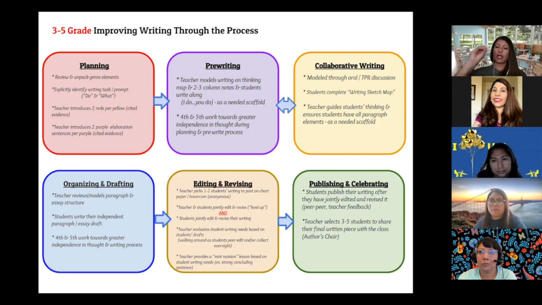So we're verbalizing what types of sentences we could put, but again, we're not writing just yet, and we're acting out our sentences. And that's going to be right here when we get to this TPR discussion piece. We're also going to be talking about a writing sketch map, and again, to help the students organize their writing and their thinking. And then once we get into the organizing and drafting, we're going to take all of the things that we gathered from our planning and our collaborating, and now we're going to start putting it to paper.